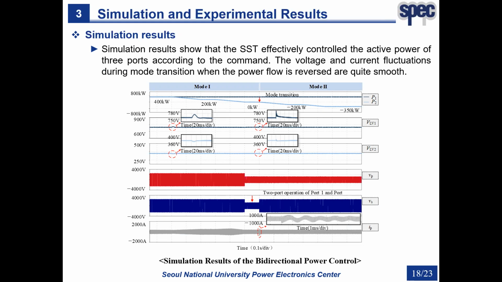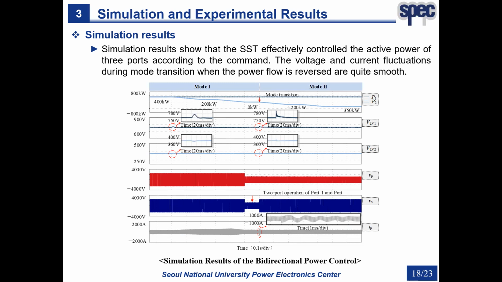It can be seen in the figure that the transfer power of 3 ports are well regulated. And when the power command of port 2 continues to decrease to minus 350 kilowatts, the SST operates in mode 2, since the power polarities become different.